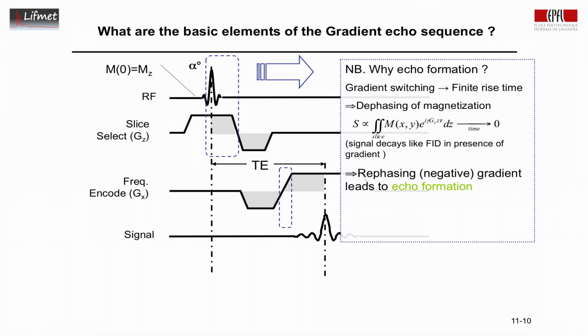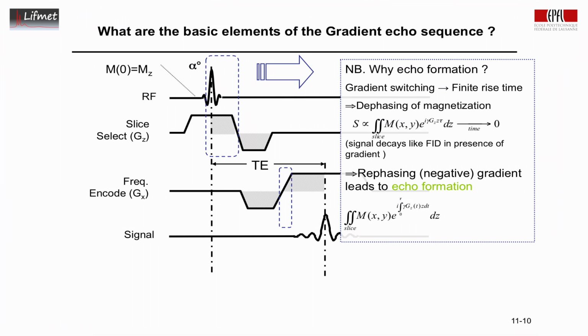And we can rephase this term. We can make the magnetization collinear again by rephasing, that is, by applying a gradient with opposite polarity. Here it's drawn negative, and this leads to echo formation.